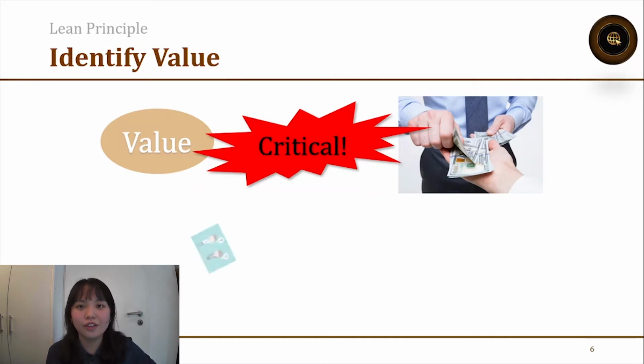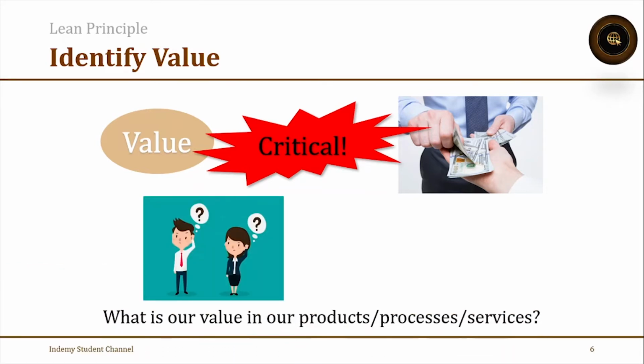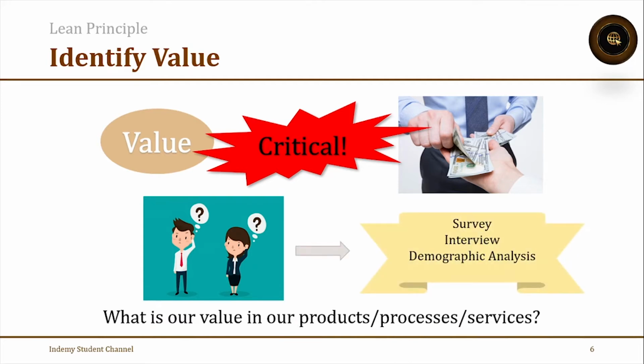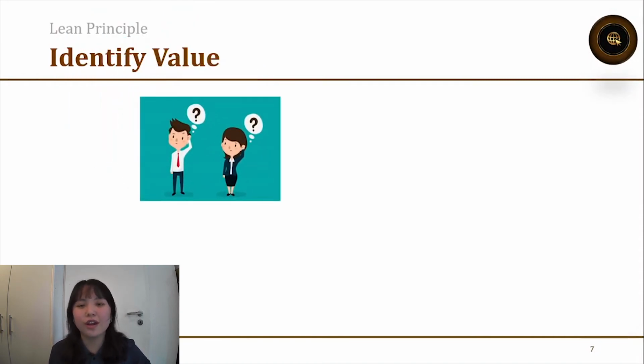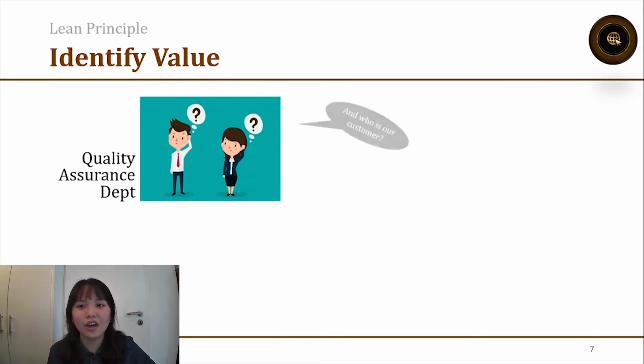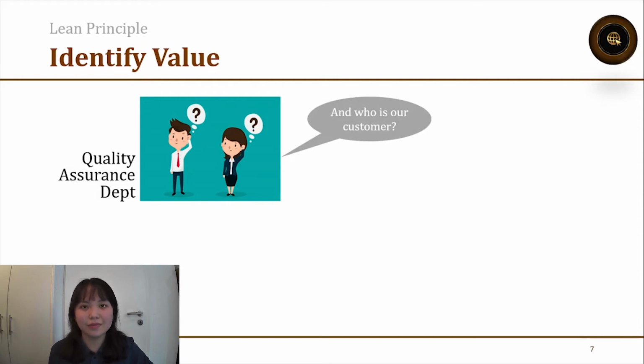So if the value cannot be easily discovered and the customer don't even know what they really want, we can conduct a survey, interview, or demographic analysis. But if there are some teams or departments that don't produce direct values to the customer, for example, quality assurance department, they might be asking, who is our customer?